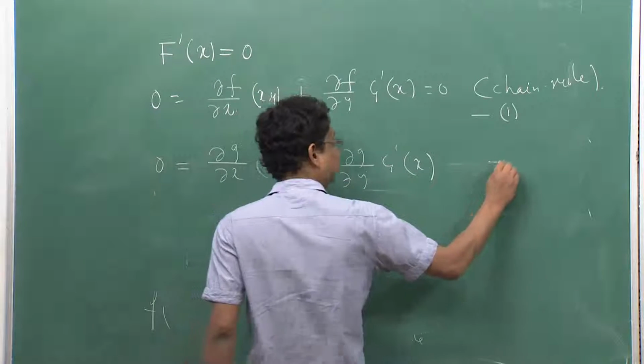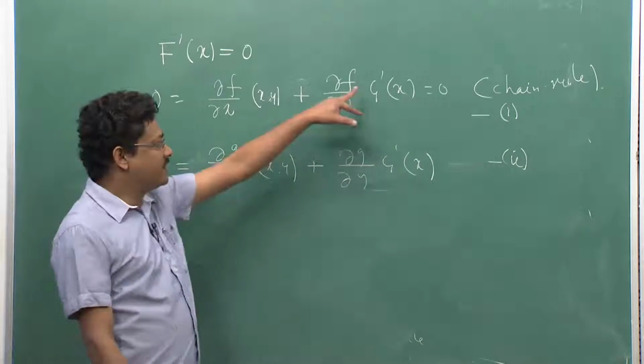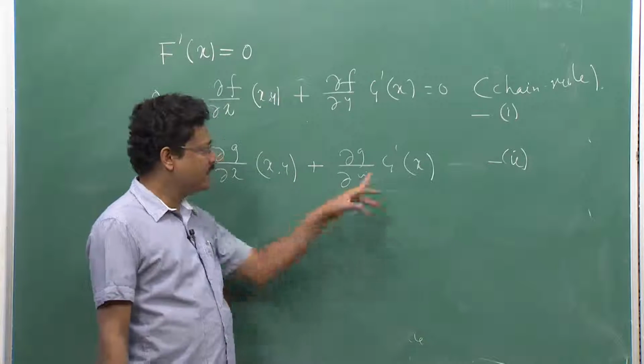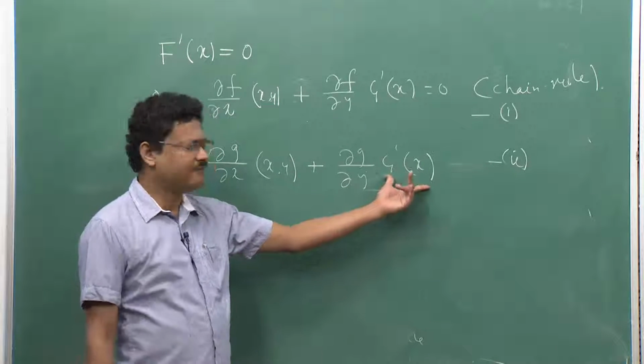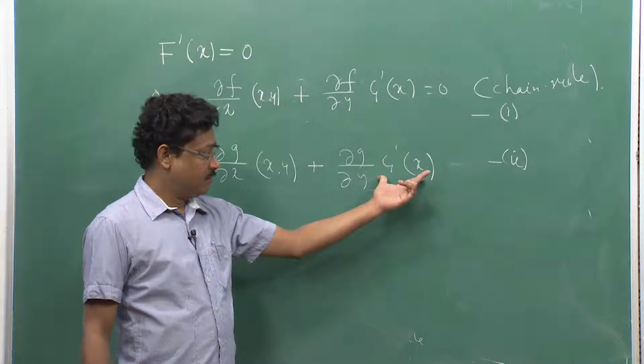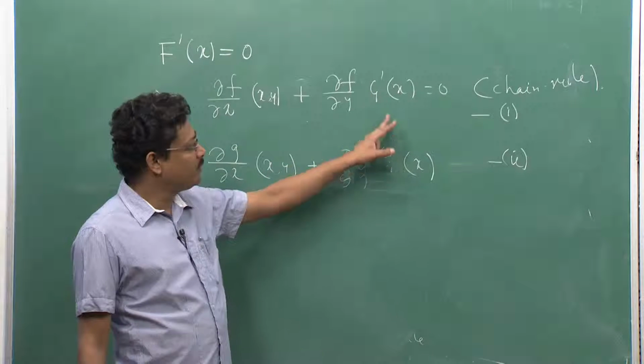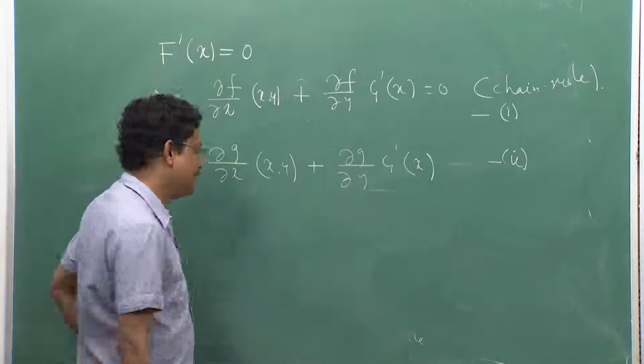Let us put 2. Now, I have g prime x here and g prime x there. Let me get rid of this g prime x, because g is an implicit function. I do not know what g is, because the implicit function theorem just gives existence, but I have two equations involving g prime, so I can get rid of g prime.